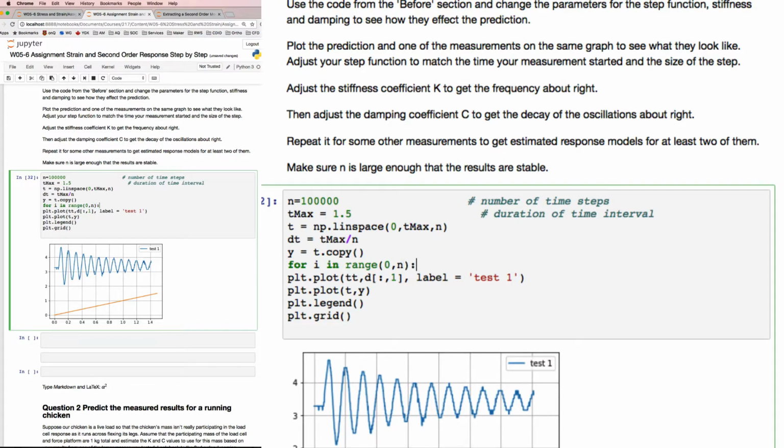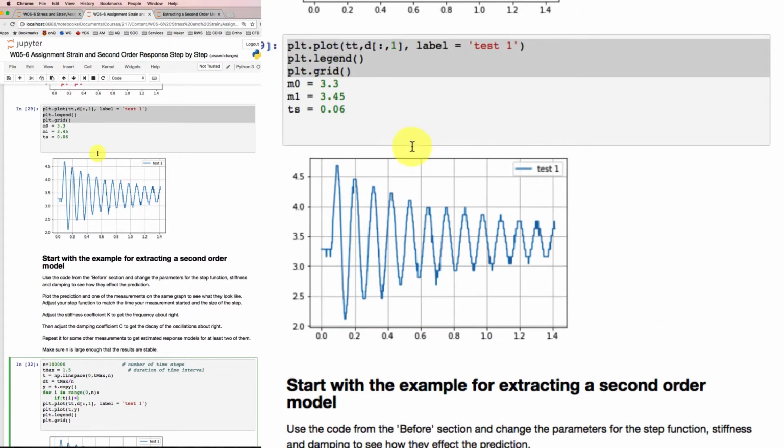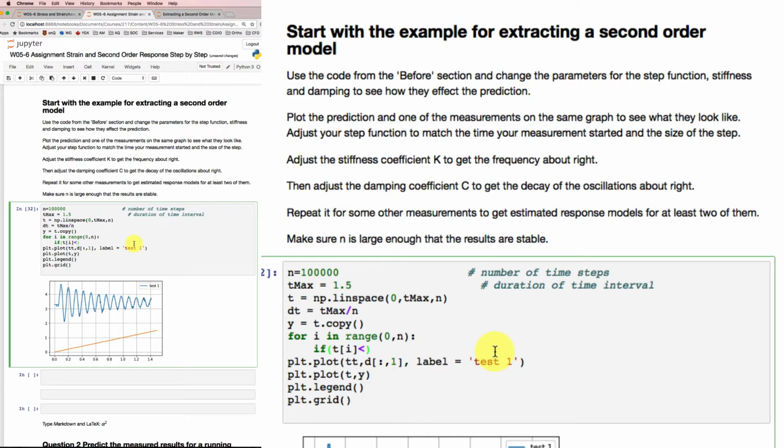If the time at value i is less than 0.06, and up here we said the start time was going to be 0.06, so if it's less than 0.06, then y should be equal to m0. And I need a colon there for the if statement.